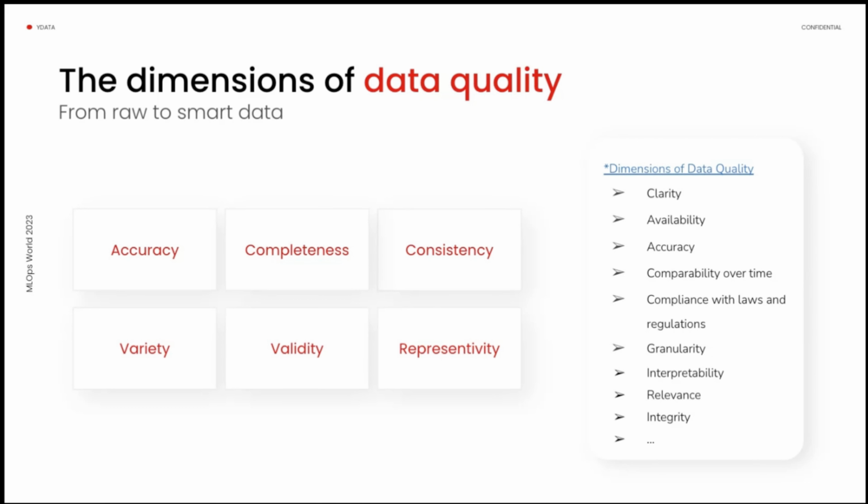And, well, dimensions such as accuracy, completeness, consistency, variety, validity, and representativity will be mainly important for many different models. And because today the topic of focus is synthetic data, I will be for sure doubling down on the characteristics that we all understand are important for generalization: variety, representativity, and completeness.